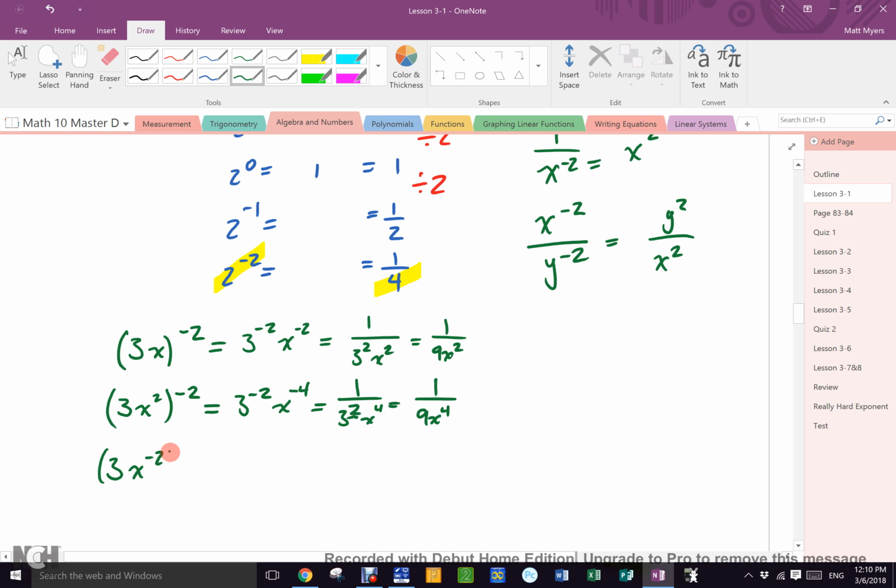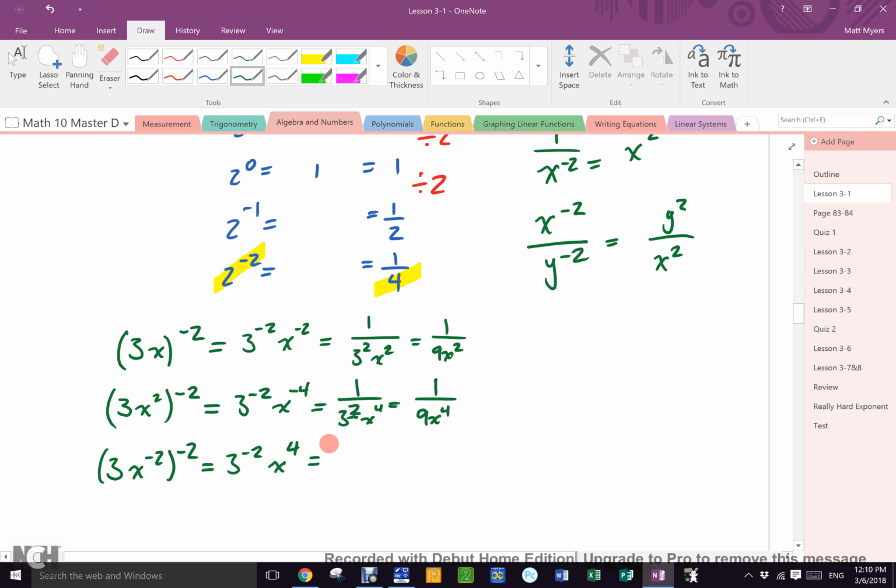3x to the negative 2 to the negative 2. What there isn't allowed?